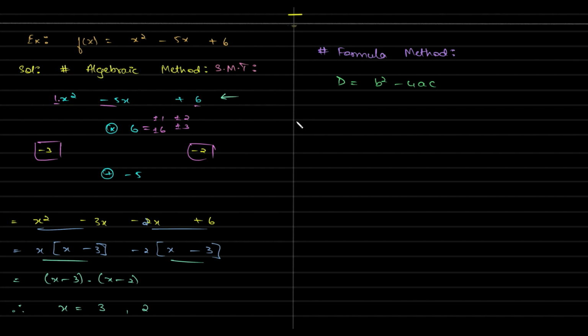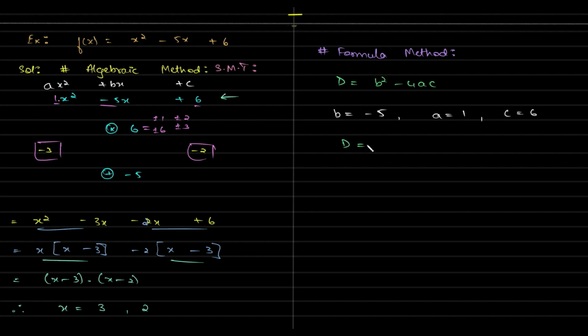So b is equal to -5 in this case, a is equal to 1, and c is equal to 6, as per the standard form ax square plus bx plus c. Again, we'll be doing this in detail, need not worry that I'm going fast.